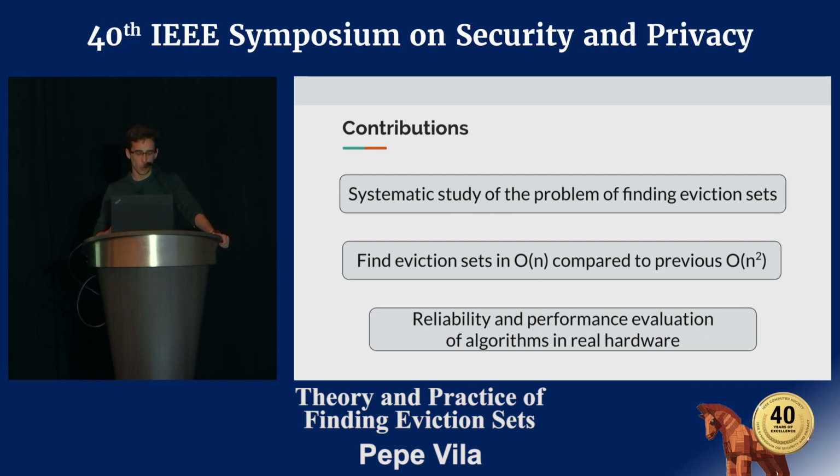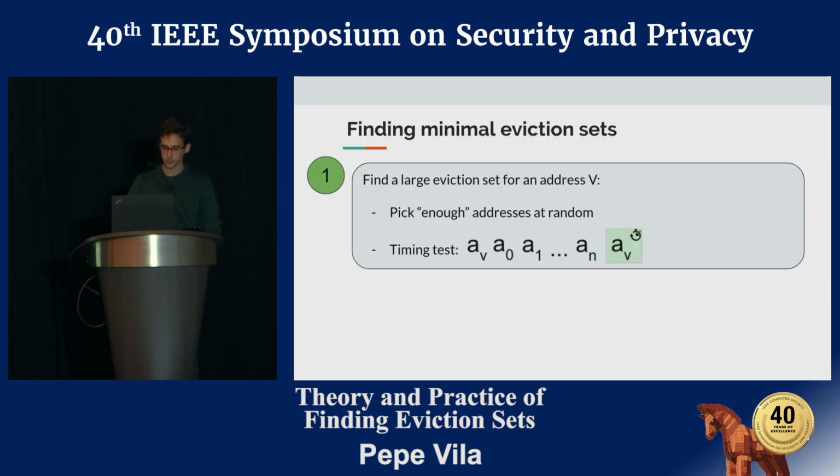And finally, we perform a reliability and performance evaluation of these algorithms in real hardware. This is important because, as we will see now, this contribution is not only a theoretical improvement; our algorithm is easy to implement and provides a crucial performance increase in practice.